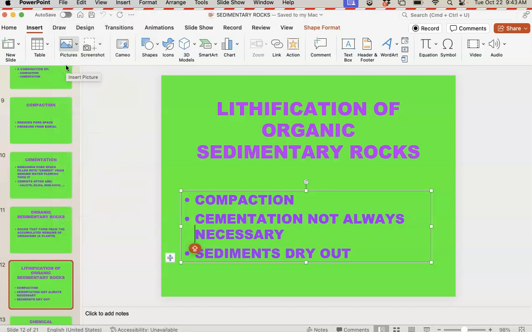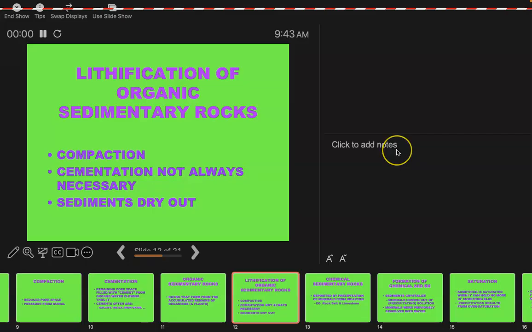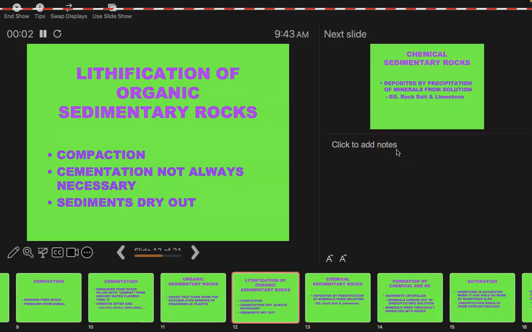But you guys, what's a great example of an organic sedimentary rock? We talked about it a little ways back, so some of you might know this already. Yeah, coal's the one that should immediately pop to mind for you guys.